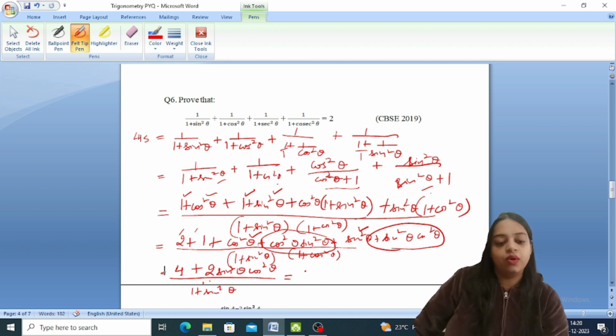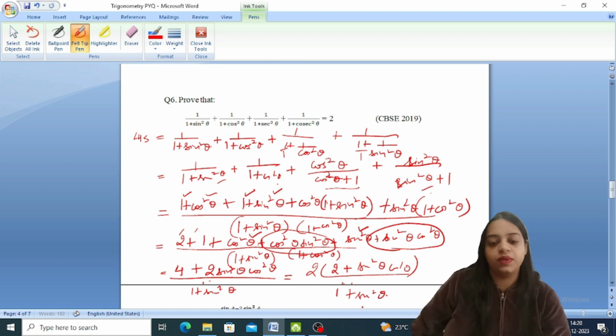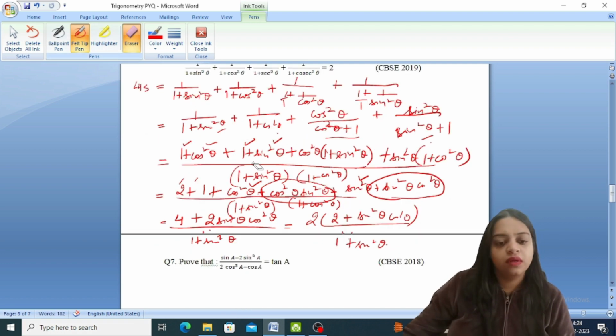I am taking out 2 common from the numerator, which gives 2 times 2 plus sin square theta cos square theta upon 1 plus sin square theta. So here was one more term, 1 plus cos square theta, so I am just opening up that in the denominator.